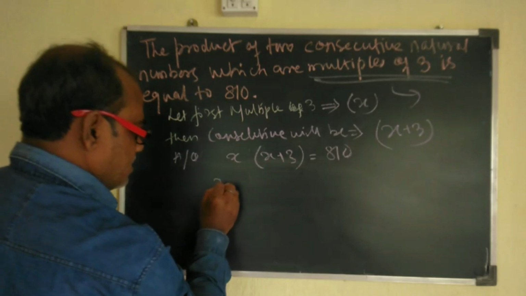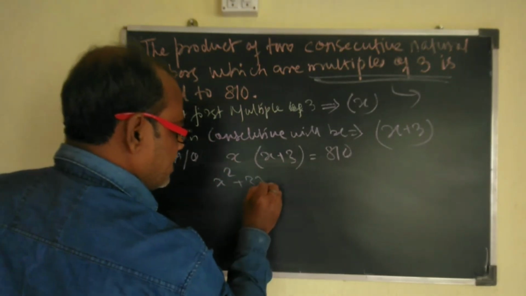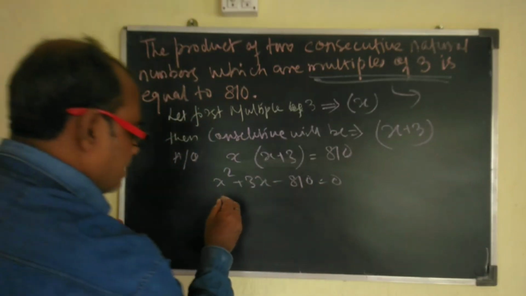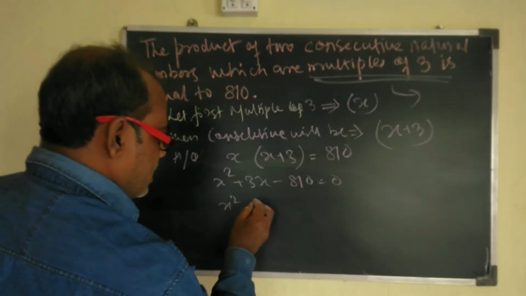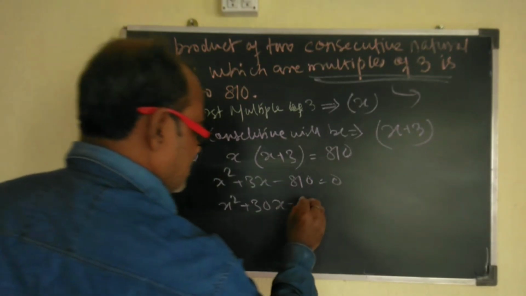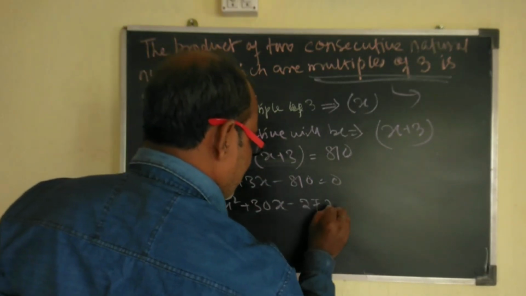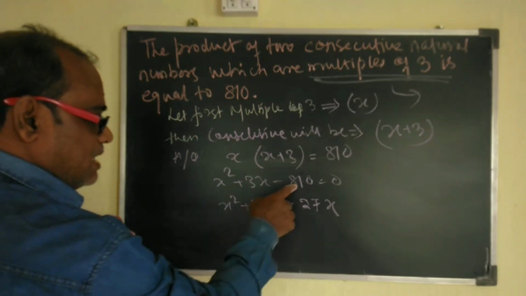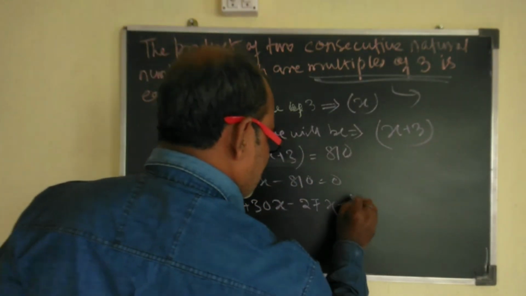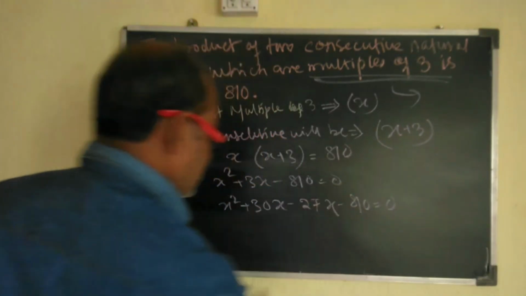You get here x square plus 3x minus 810 is equals to 0. Taking the middle term, you get x square plus 30x minus 27x, because 27 into 3 is 81, so into 10, 810, minus 810 is equals to 0.